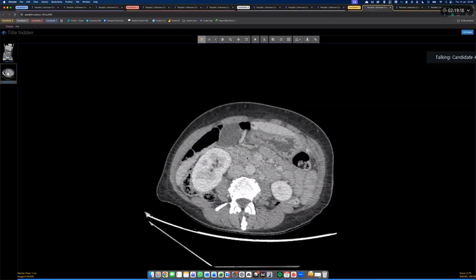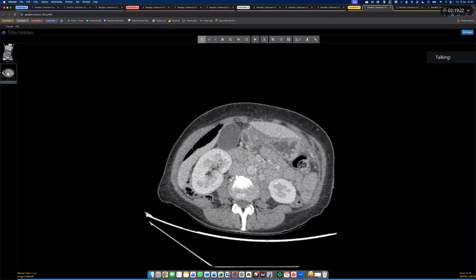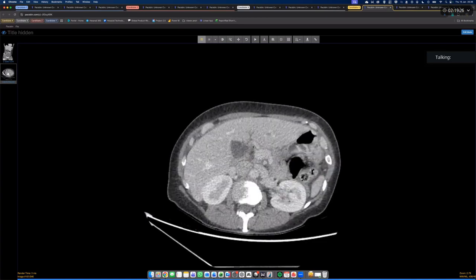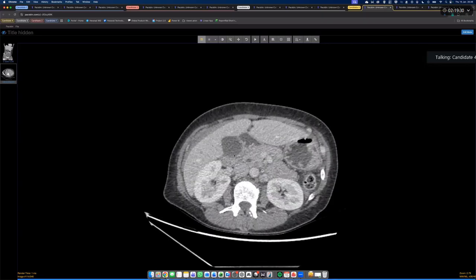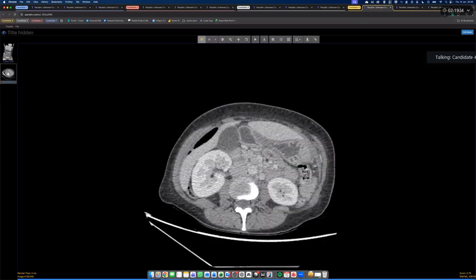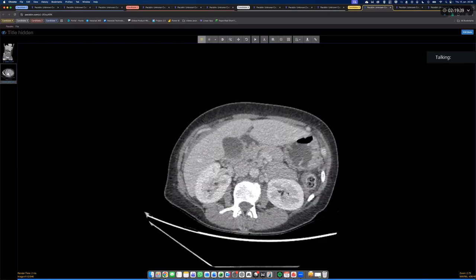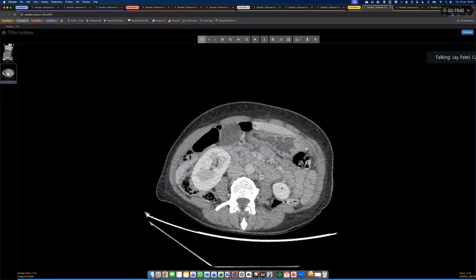Looking at the bowel, the stomach appears normal, no mass lesion seen within the stomach. The gallbladder also appears normal. Looking at the kidneys, both kidneys also appear normal. Just scroll down to the pelvis for a bit.